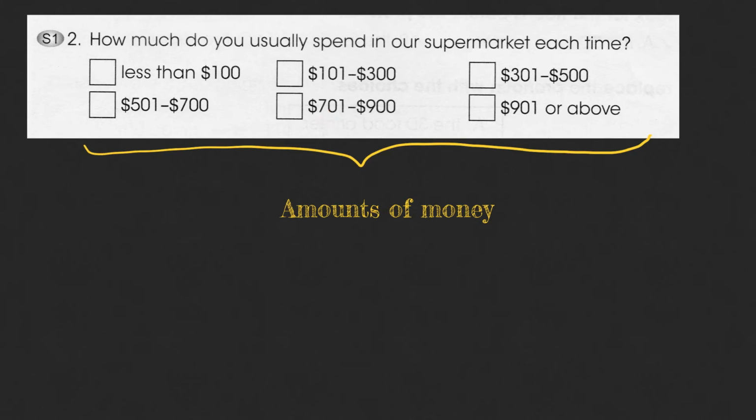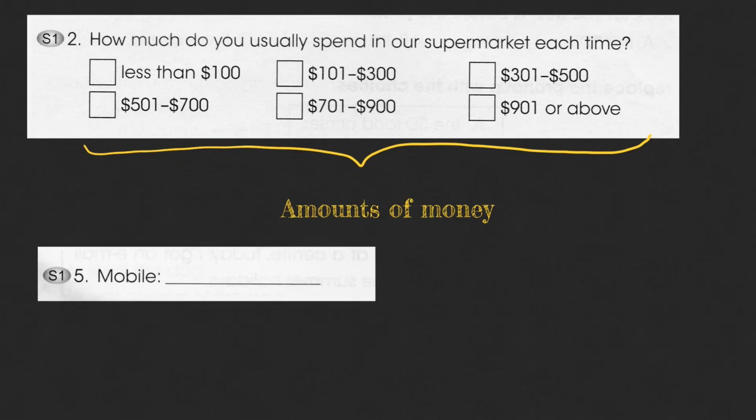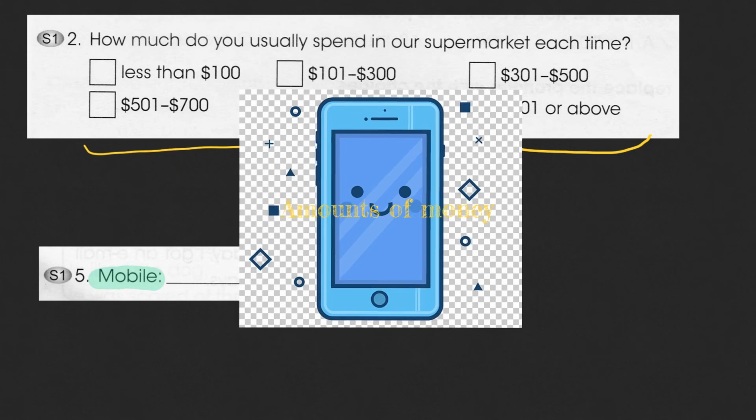In this listening exercise, there is one more question for which you hear information with numbers. Do you know which question I'm talking about? Yes, correct. Question 5. You see the word mobile, so you know that you will hear information about a mobile phone number.